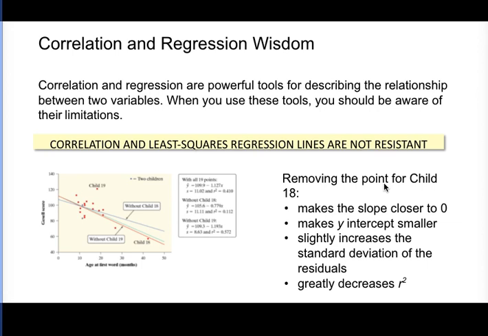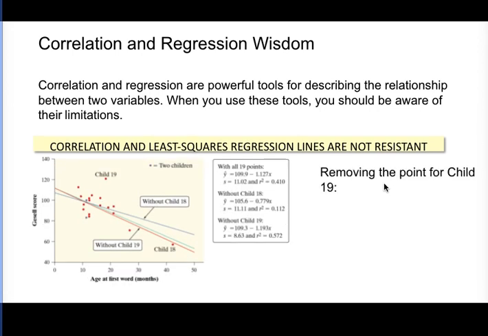If child 19 is still here and child 18, which was down here, is no longer here, your line has to become weaker in order to account for your outlier, but not account for your high leverage point. So your R squared is smaller. But how far things are away, the standard deviation, is larger because now we're trying to account for everything else.